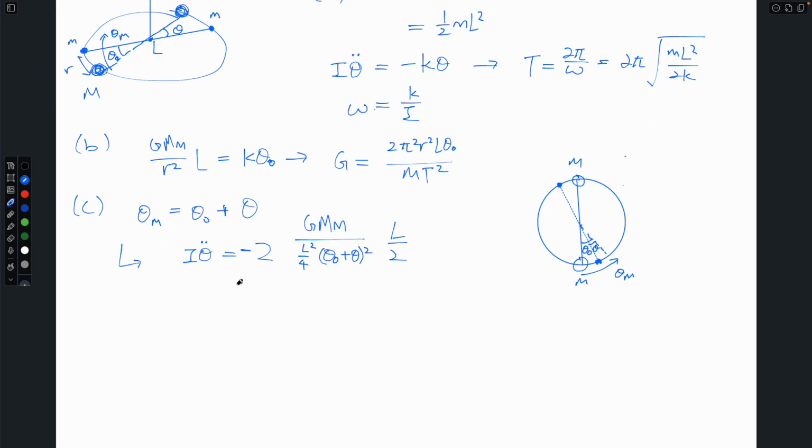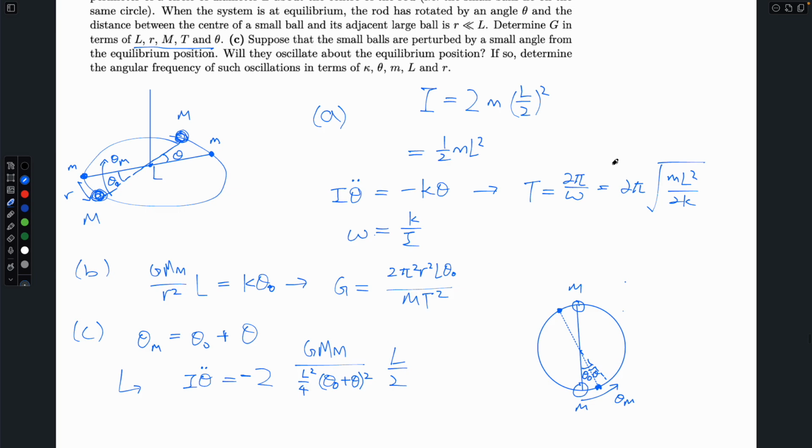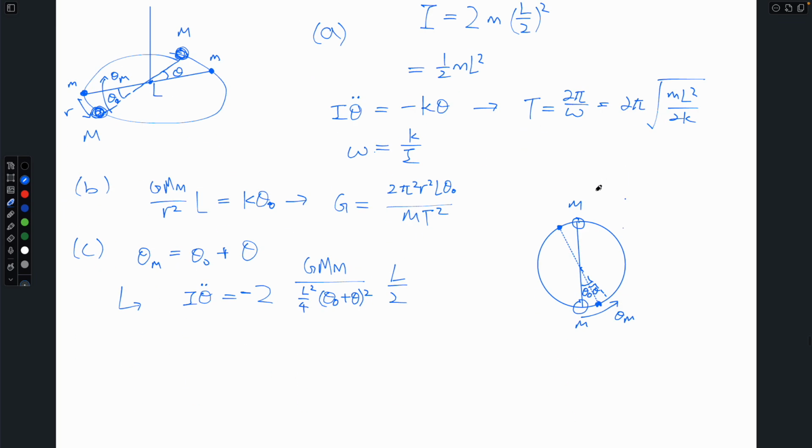And then we use what we said just now about binomial expansion. So recall that theta naught plus theta, squared, this is equal, oh sorry, this is negative 2. So we can write this as theta naught to the negative 2, factor it out, times 1 plus theta over theta naught.